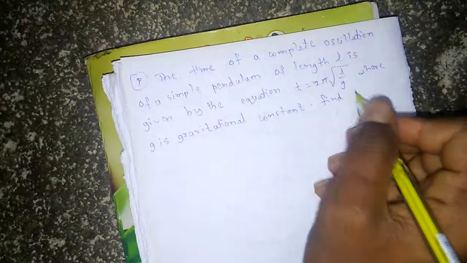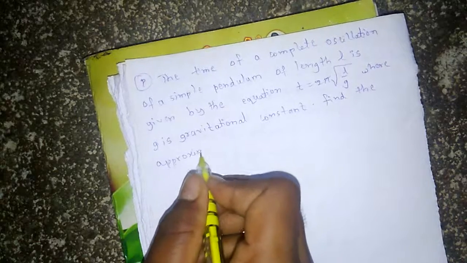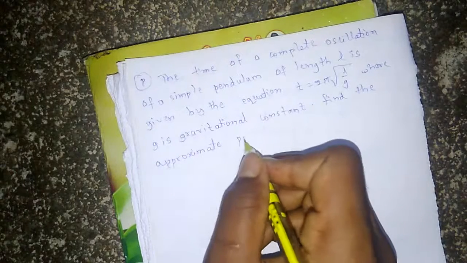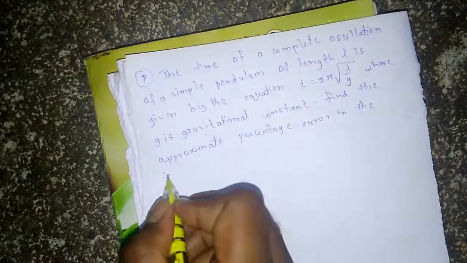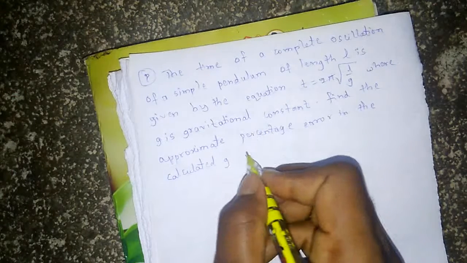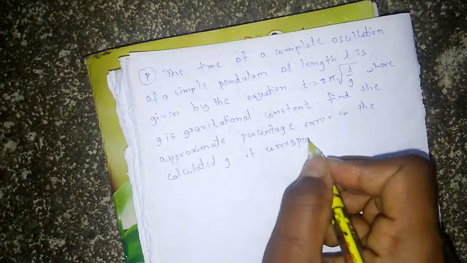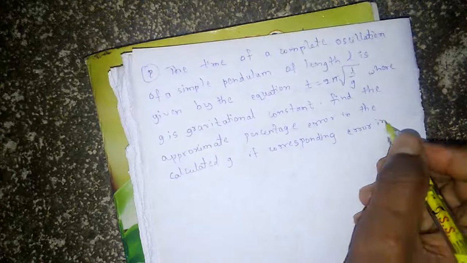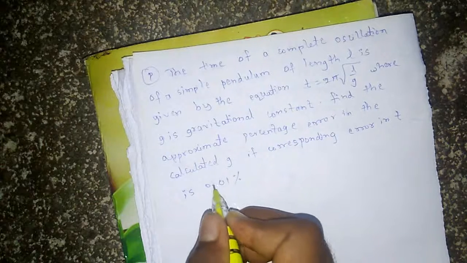Find the approximate percentage error in the calculated g if corresponding error in T is 0.01%.